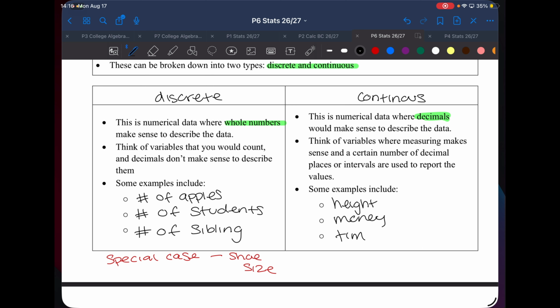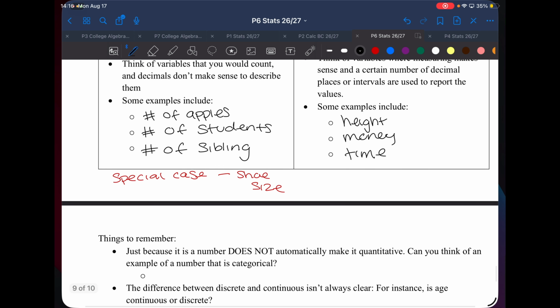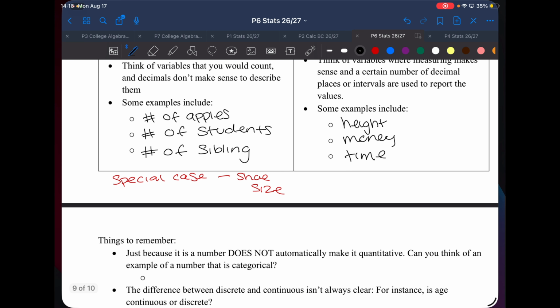Time, yes, that was the one I was going to bring up, time, because when we say the time, do we only say the hour? No, we say the hour, the minute, the second, all the way down to sometimes the millisecond. GPA. So when you guys do your ranking, is the GPA like mini decimals? Then GPA would count.